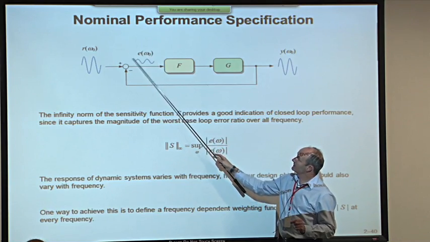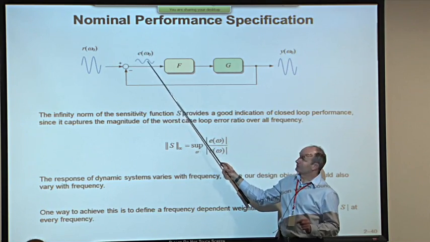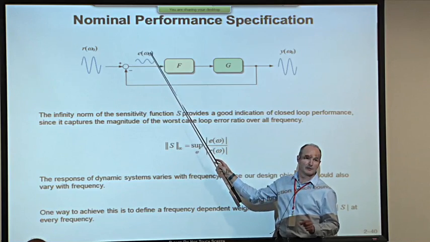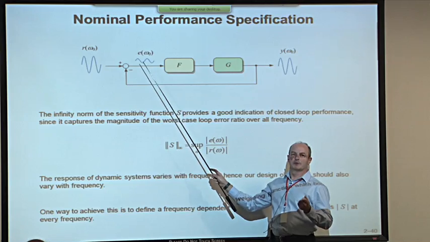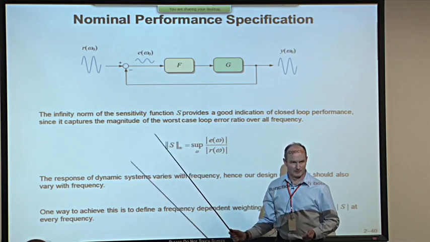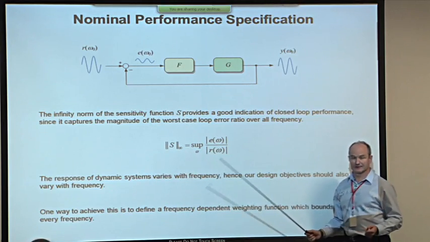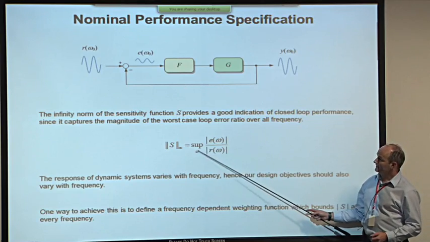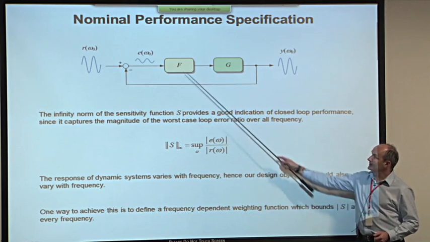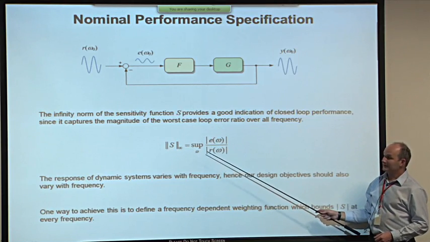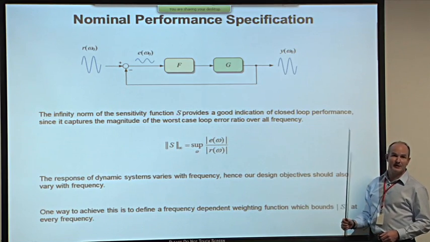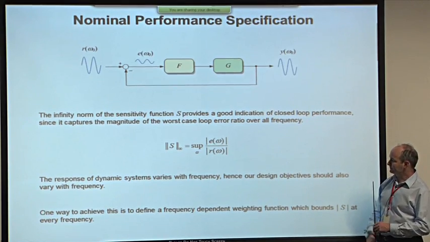So what you could say is that this thing here, relative to the input, can be used as a measure of the amount by which the control system is not doing its job. Right. And of course that is the sensitivity function. The maximum value of E over R, the error ratio, which I defined as the sensitivity function, tells you how badly the control system is doing its job.